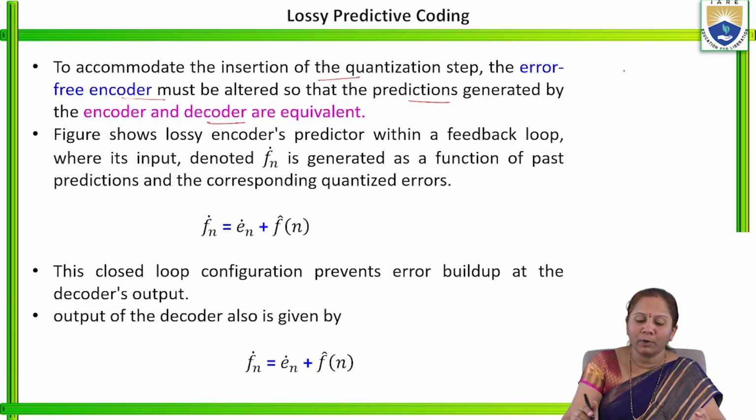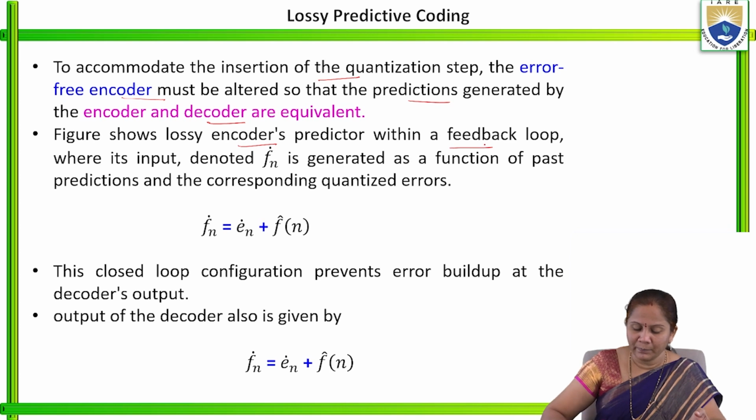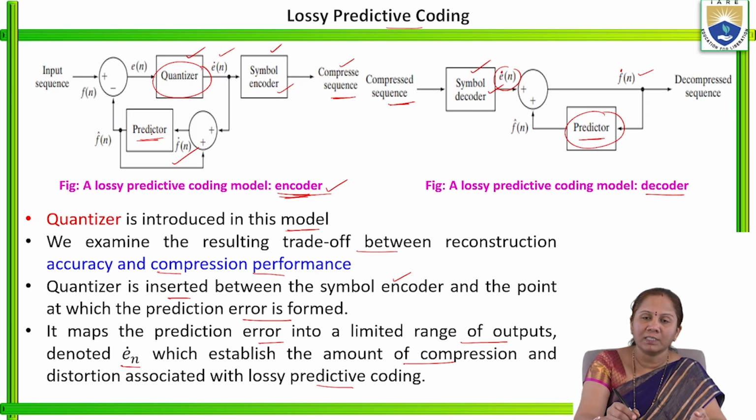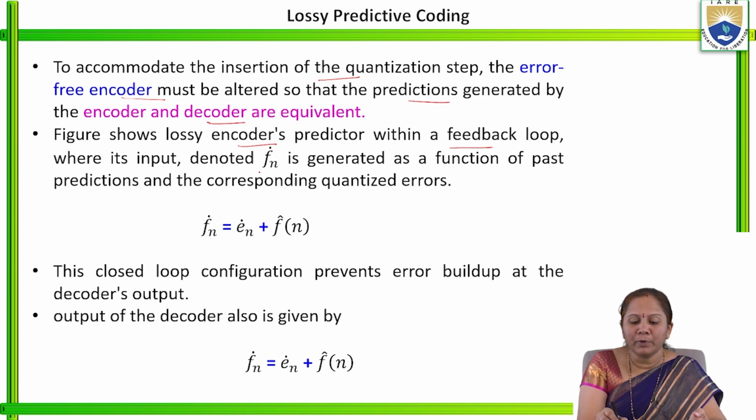Now, based on these block diagrams, the figure shows the lossy encoder, a predictor within a feedback loop. So we have seen here the feedback is available.